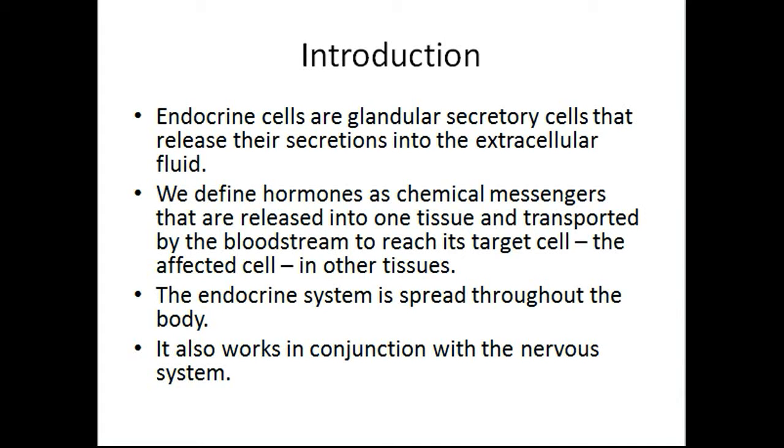Both systems are primarily regulated by negative feedback control mechanisms, which we'll learn more about in this chapter. And both systems coordinate and regulate activities of other cells, tissues, organs, and systems and maintain homeostasis.